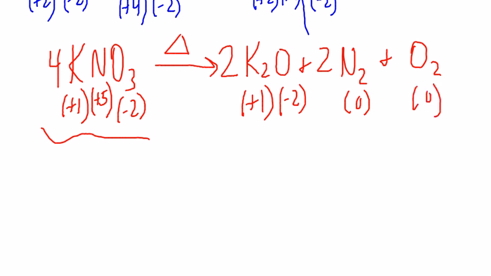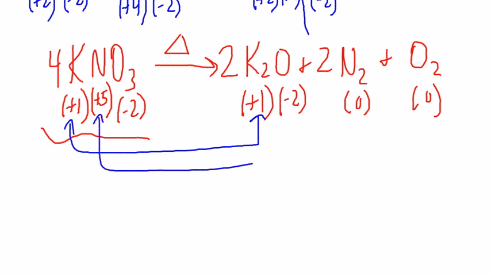Let's take a look at if this was redox. First, comparing the potassiums, I see +1 and +1. No change there. Next, I look at the nitrogens. The nitrogen went from +5 to 0. Definite sign of redox.